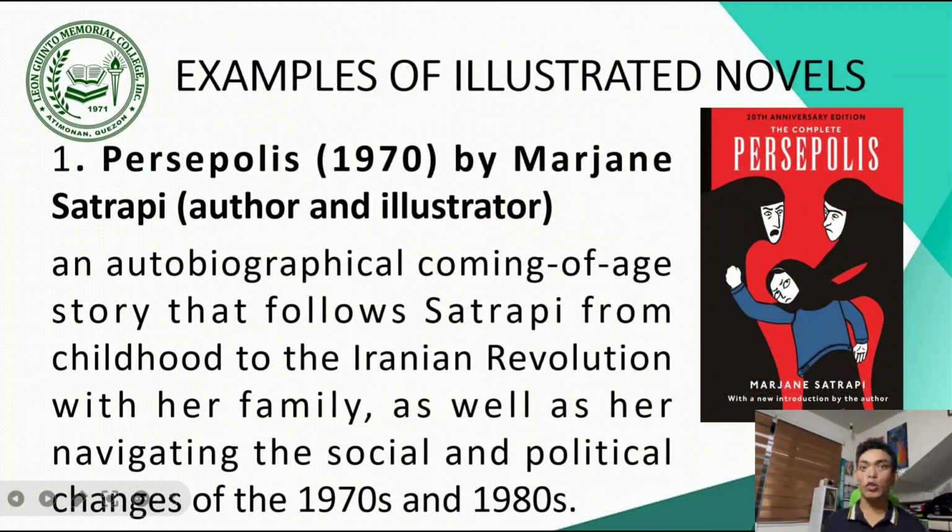The historical and cultural insights of this book provide readers with a unique perspective on Iranian history and culture during the Iranian Revolution and its aftermath. Satrapi's story is not just personal, but also an opportunity to better understand the political and societal change that shaped the 1980s in Iran.